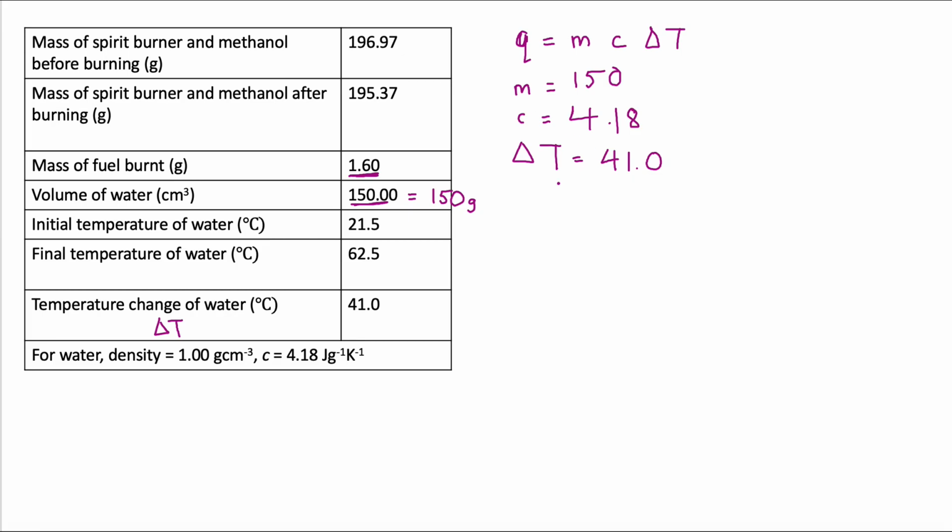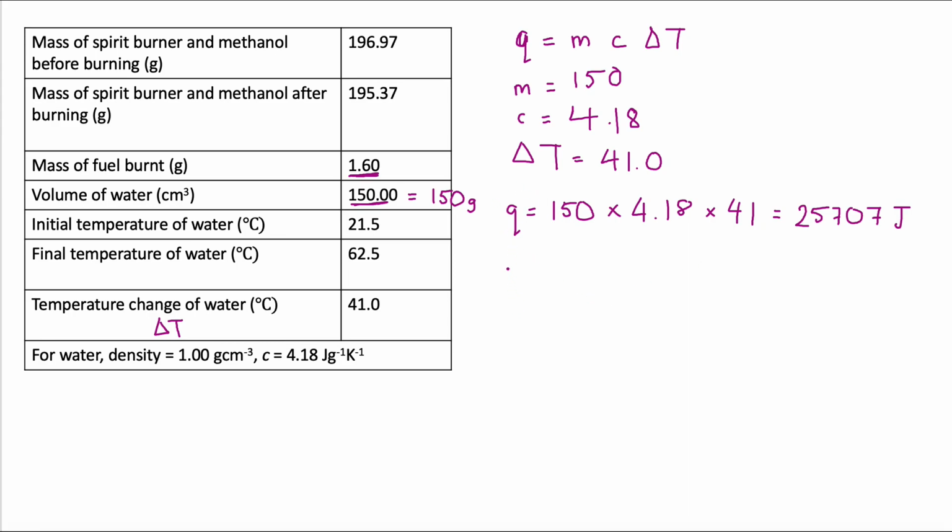Right, if I now plug all those values into my Q, that's going to be mass of water, which is 150, multiplied by specific heat capacity, 4.18, multiplied by delta T, which is 41. You should get a value for Q of 25,707. And remember, Q here is in joules. We still haven't worked out the enthalpy change because Q is the energy change.